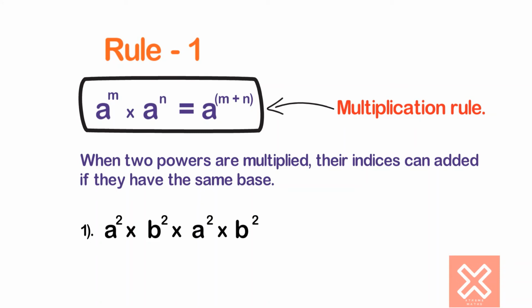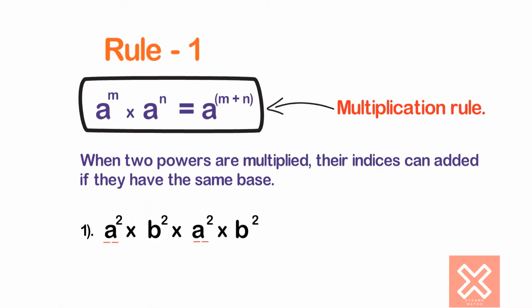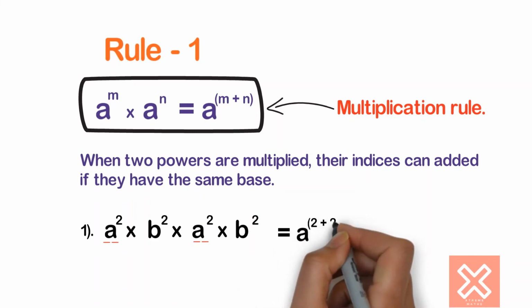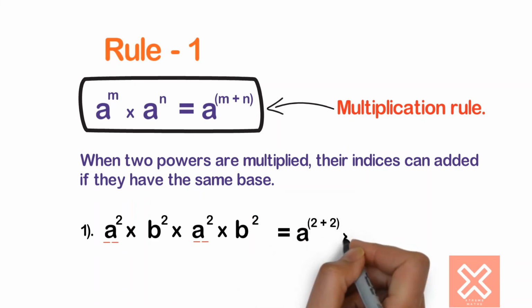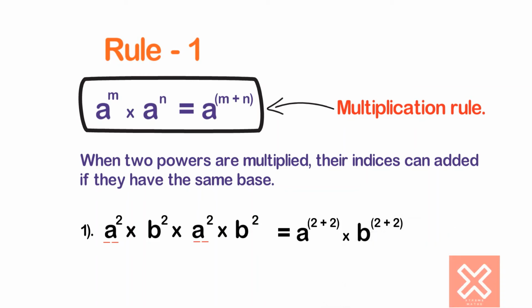A to the power 2, b to the power 2, a to the power 2, b to the power 2. They are different bases, but a and a are the same bases, so you can simplify same bases together. A to the power 2 plus 2 into same bases b and b, b to the power 2 plus 2. Then you can write the answer here: a to the power 4, b to the power 4.